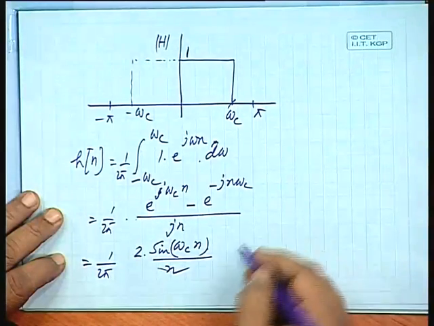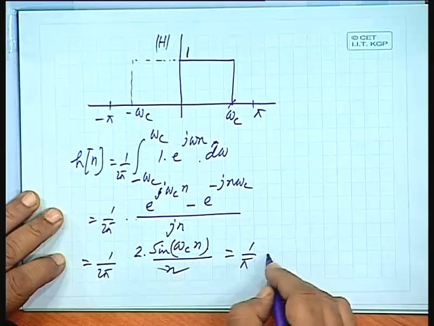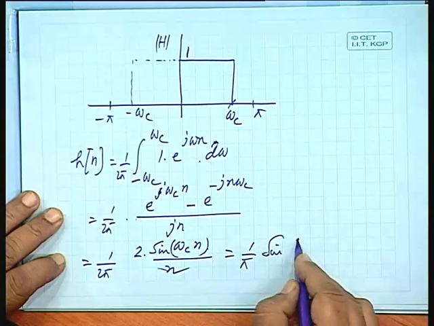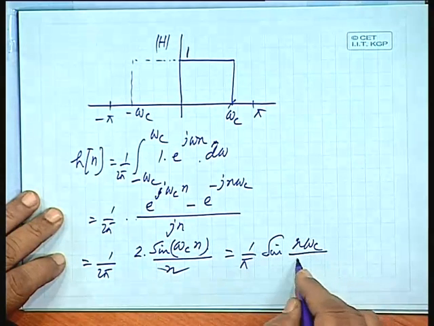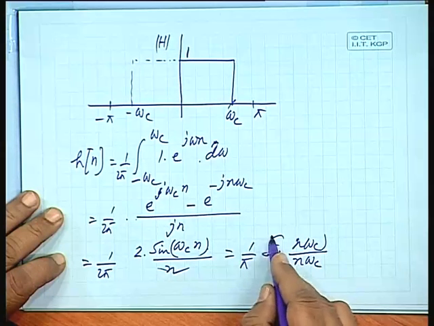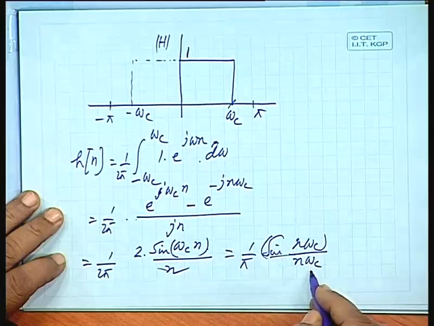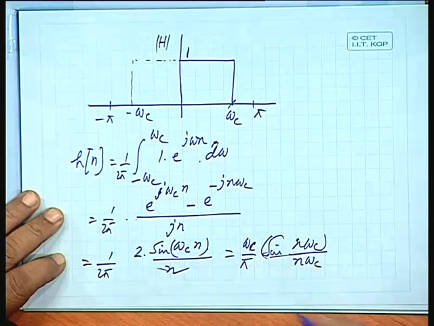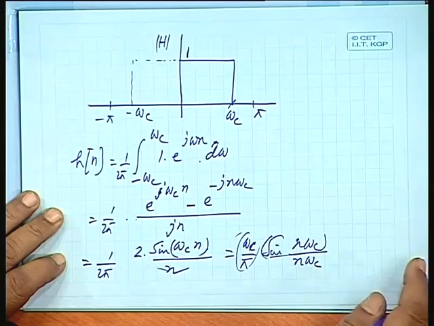So, j will get cancelled. Okay. So, how much is it? It is 1 by pi sin n omega c by n. I can include omega c, sin n omega c by n omega c, and multiply by omega c. This is a multiplier. So, what is this? It is a sinc function.